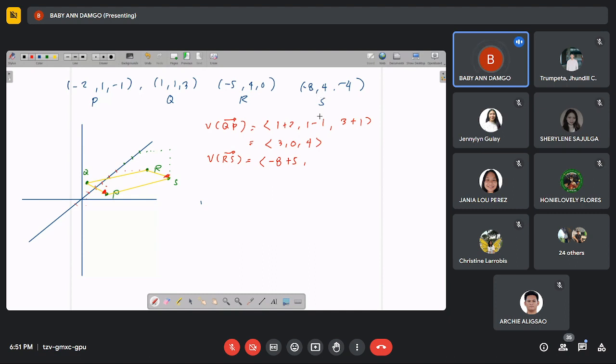So negative 8 plus 5, then 4 minus 4, then negative 4 minus 0. So we have negative 3, 0, negative 4.